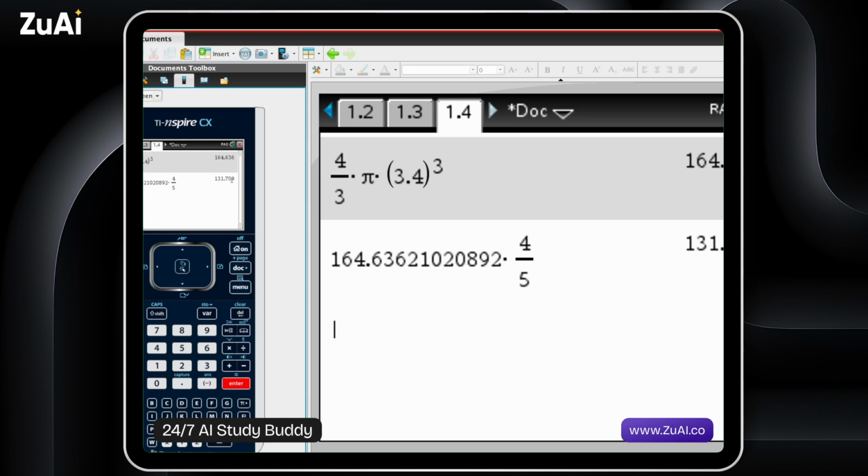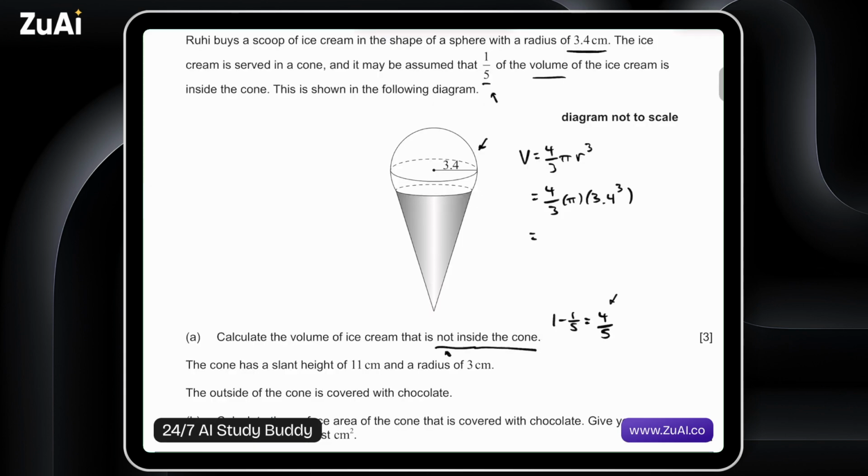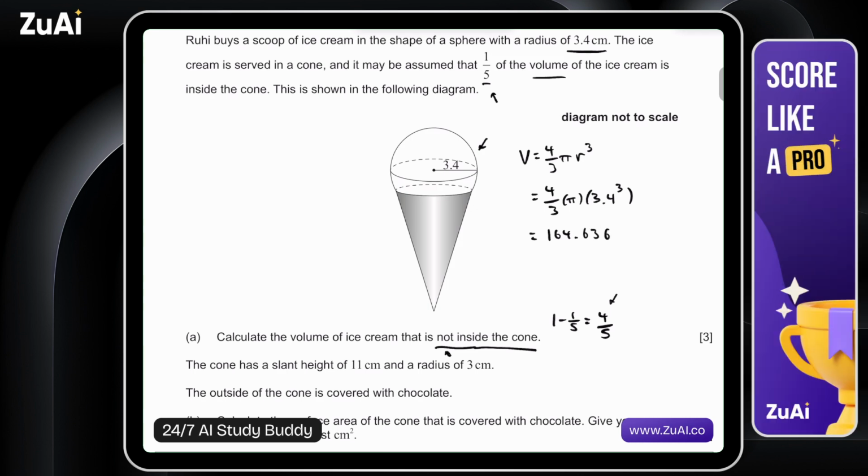Let's go back to the document for a sec. So this was our total volume, 164.636, but we don't want the total volume.